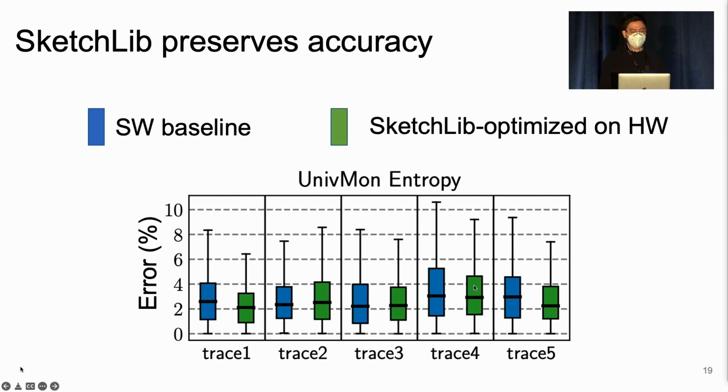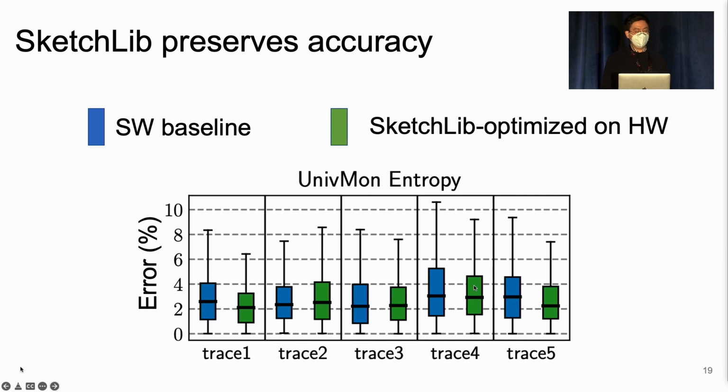Then let's look at the evaluation showing that SketchLib preserves accuracy. For the x-axis, we have 5 different data sets for sketch results, and they are CAIDA ISP traces from different dates and times. The y-axis shows the percentage of error.